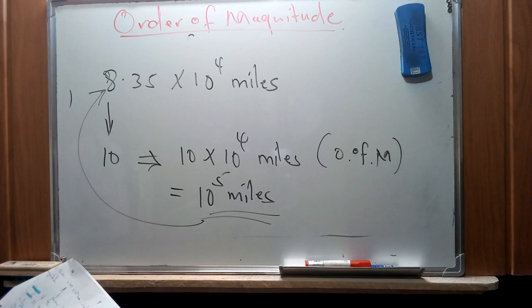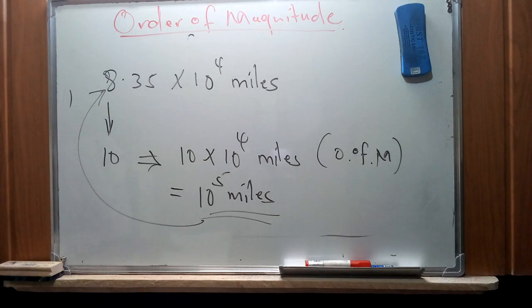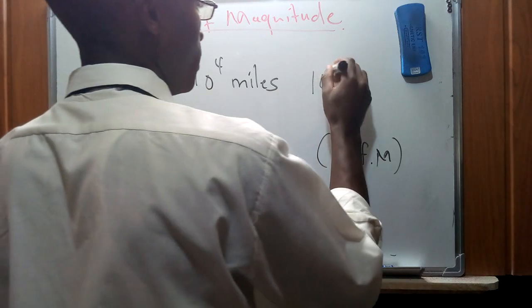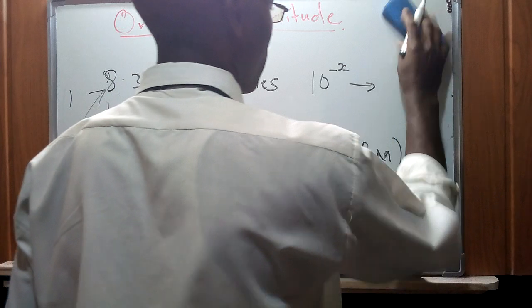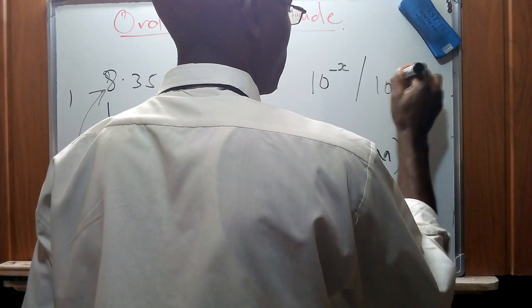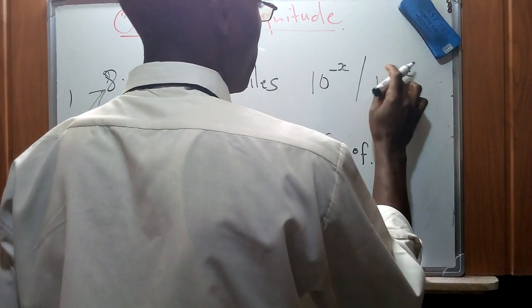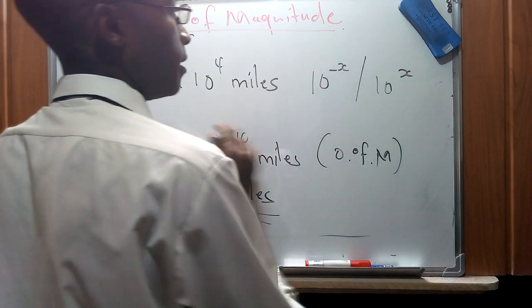So in looking at this case, this applies for both positive and negative powers. Suppose this is 10 raised to power x, and there's another one which is 10 negative x. This is positive and negative x.